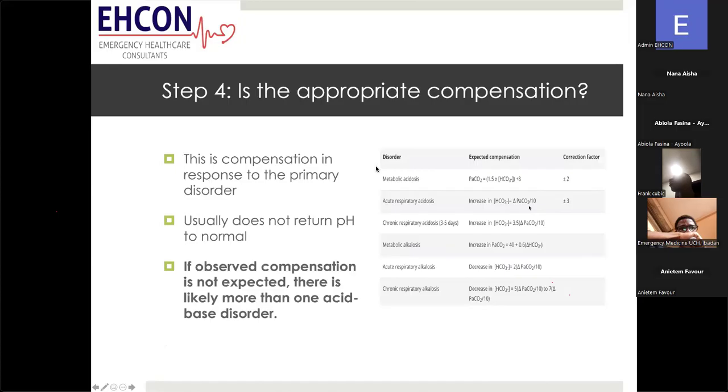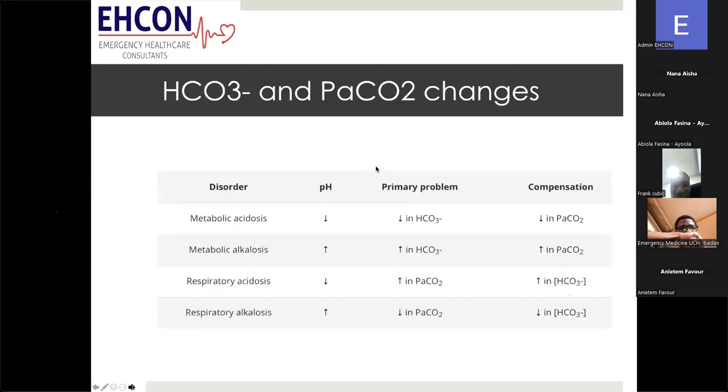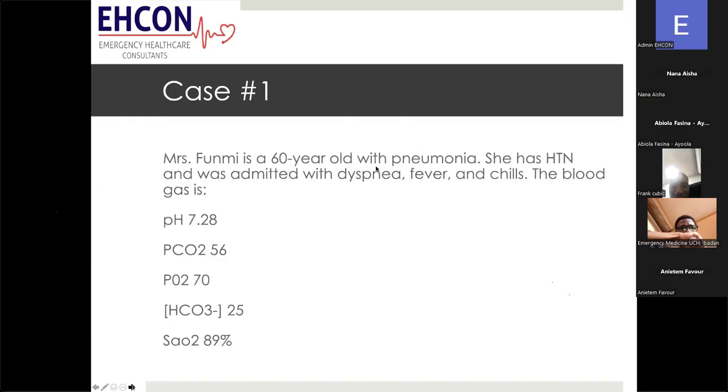The formula says that the change in the PaCO2 over 10 is the increase in the bicarb that we expect, with a plus or minus correction factor of 3. Before we even do this, we already know that this compensation is not there, because our bicarb hasn't increased at all.